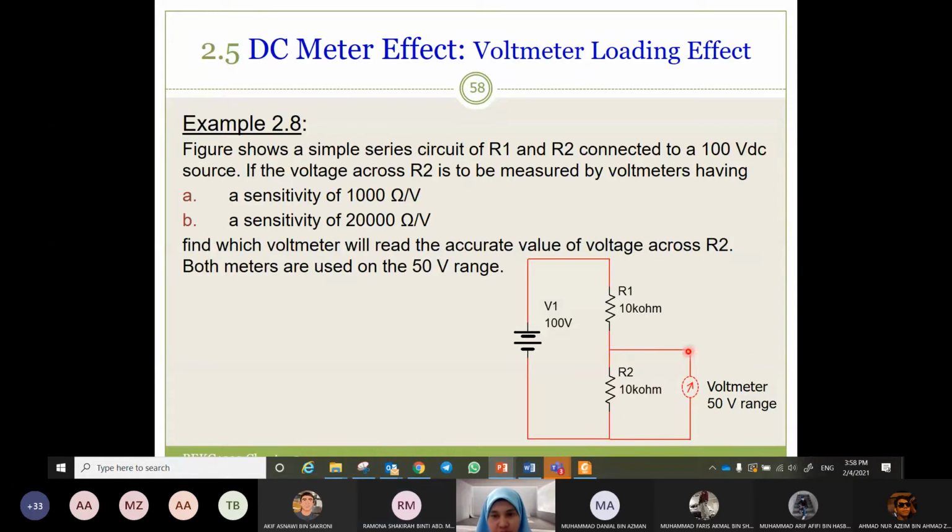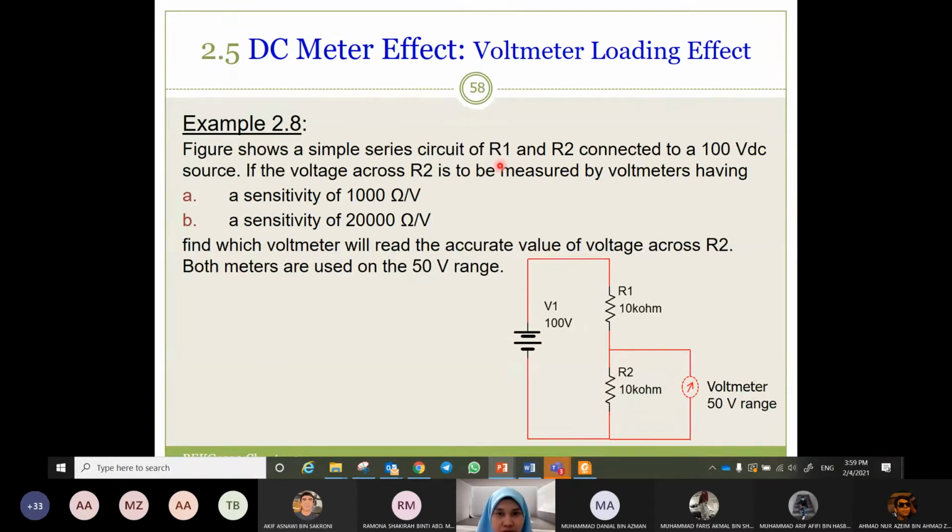This is not the connection of the circuit. This is only a voltmeter that taps to the R2 because this voltmeter wants to measure VR2. So actually this is a series circuit. We just put the voltmeter parallel to R2 because we want to measure VR2.